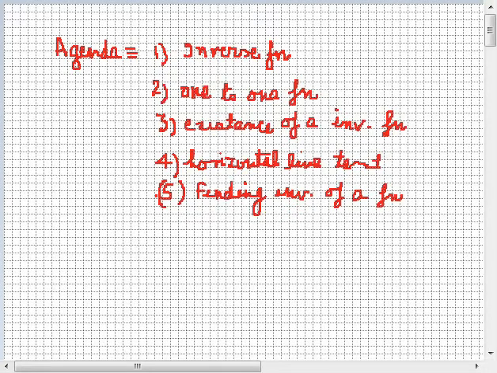Welcome back. In the last lecture we left at the point where I had given an exercise to find FOG and GOF of two functions.